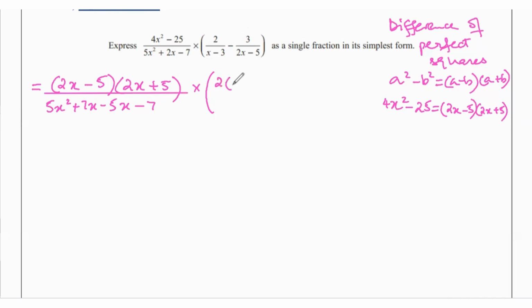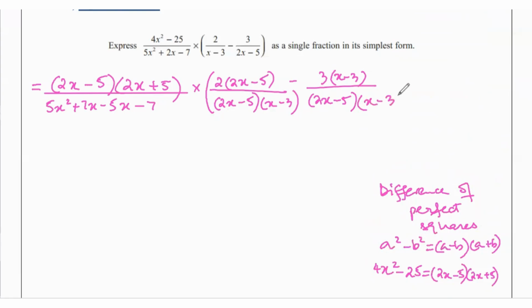That means we do 2 times 2x minus 5 over 2x minus 5 times x minus 3, minus 3 times x minus 3 over 2x minus 5, x minus 3.